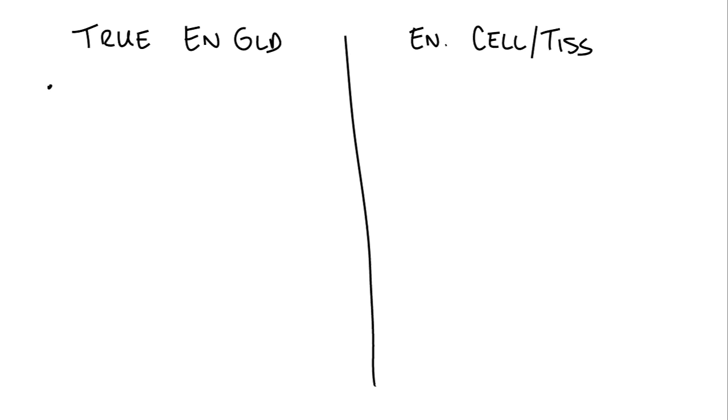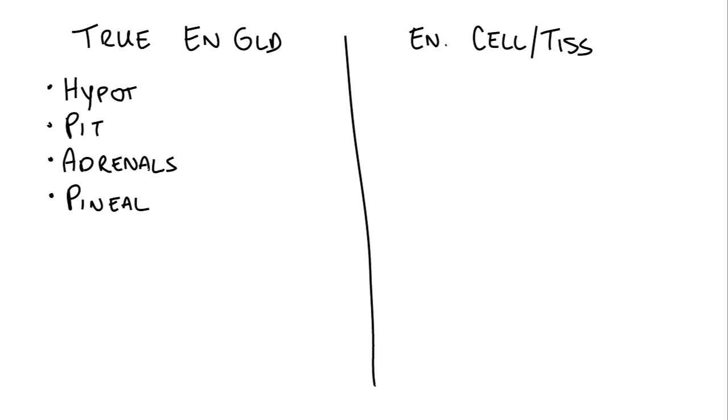We have the hypothalamus, which we just talked about, the pituitary, the adrenals, which are found on the top poles of the kidneys, the pineal gland, which makes melatonin, the thyroid, and then the parathyroid, which are 3 to 4 seed-like glands on the posterior side of the thyroid.